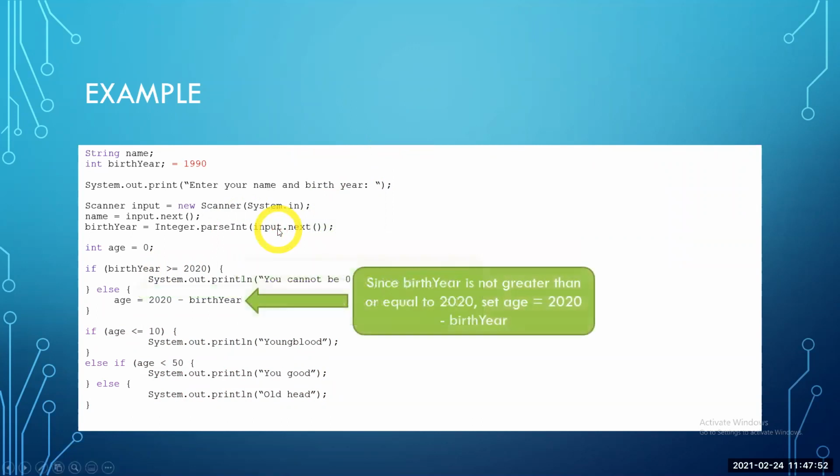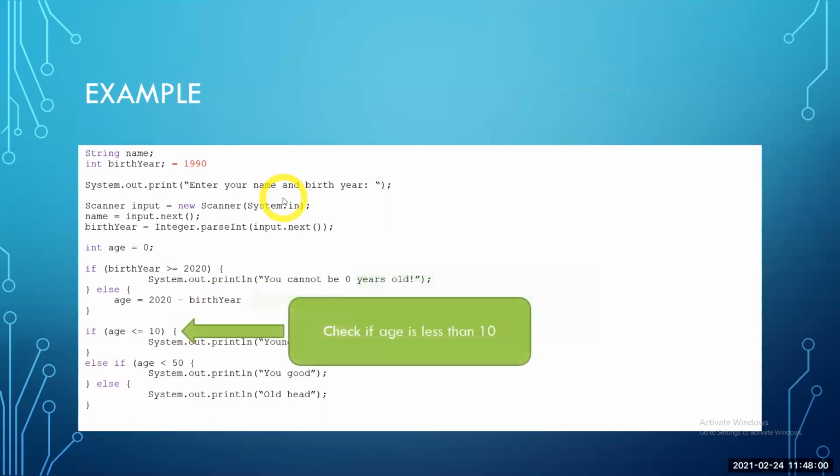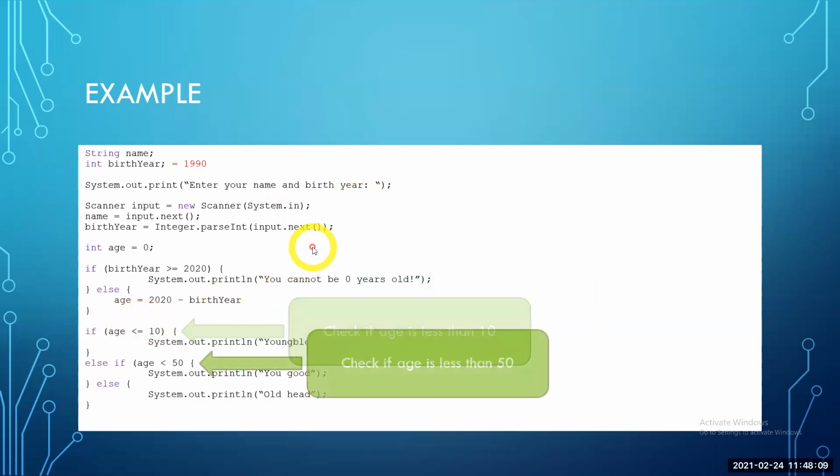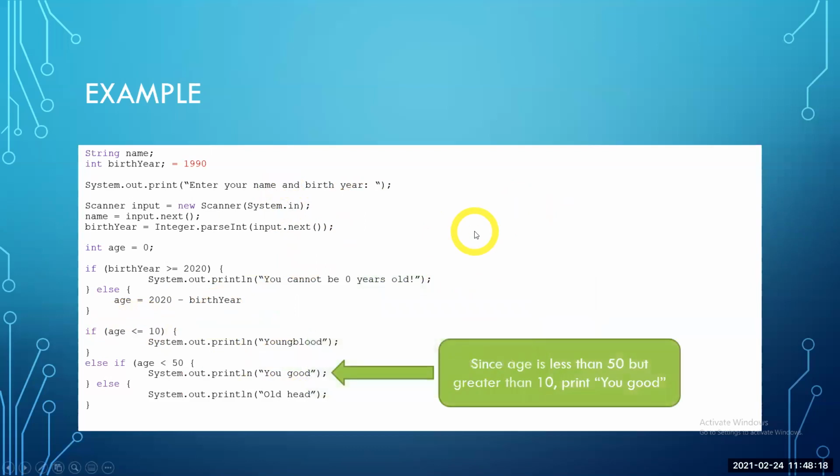We're going to calculate the age, which is 2020 minus, for this example, 1990. So that person is 30 years old. We check this if statement: check if age is less than or equal to 10. Their age is 30, so that's false. We go on to the next one. Else if age is less than 50. Their age is 30, so they're good.